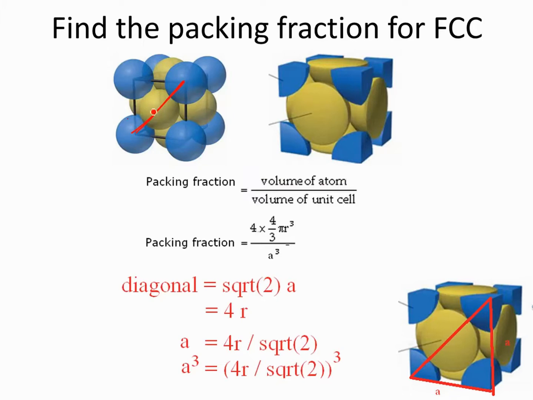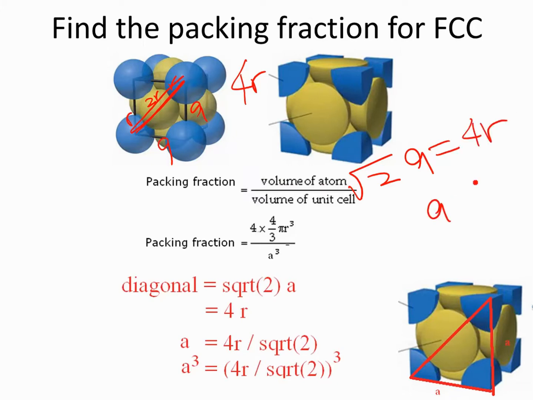So this is R, this is 2R, this is R. So I can say that this length equals 4R. Okay, diagonal equals 4R. So this is A, this is A. Then here is square root of 2 times A. So square root of 2 times A equals 4R. Right. So A equals 4R over square root of 2.